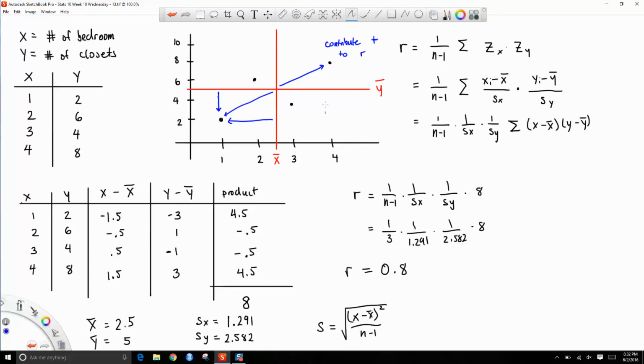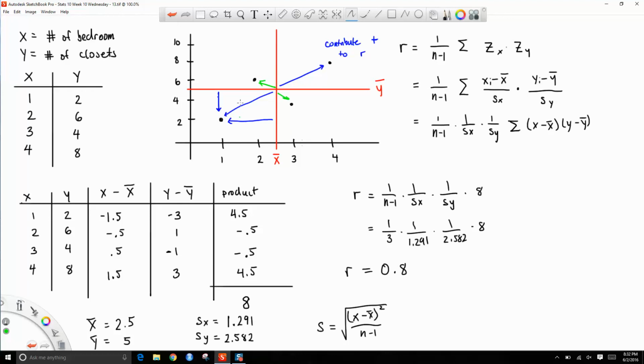And this one's above x and it's above y, so you're going to get positive 1.5 times positive 3. It's going to contribute a positive value. We said the overall direction for positive goes from the lower left to the upper right. The overall direction for the negative starts in the upper left and goes to the lower right.